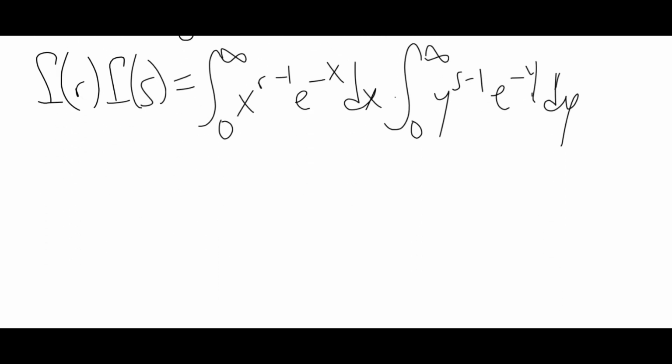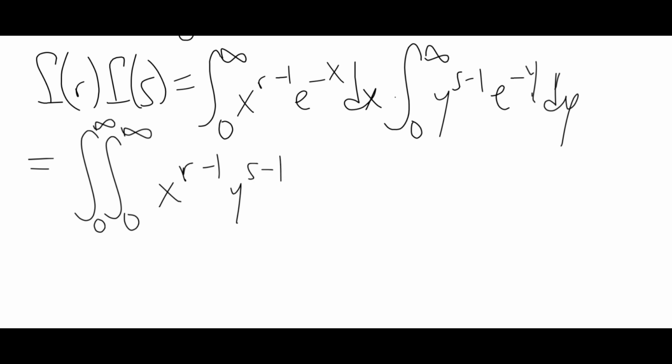Okay, now we can combine this into a double integral. Okay, but this isn't great because, well, we can't really use polar coordinates very easily. We would need x squared and y squared in the exponent rather than x and y.